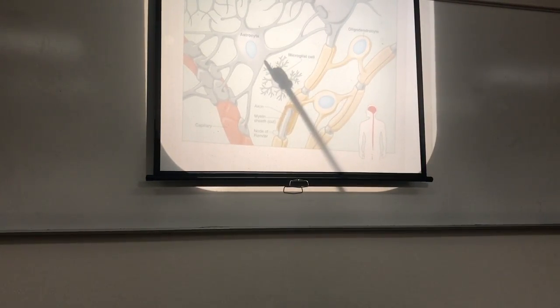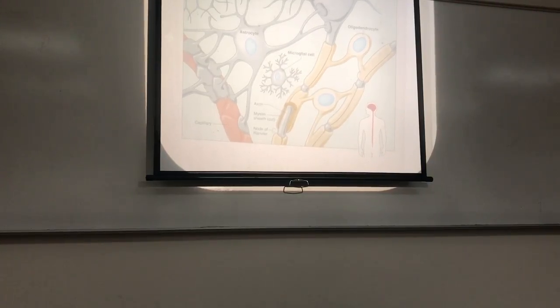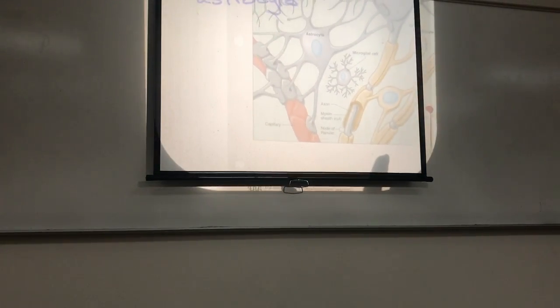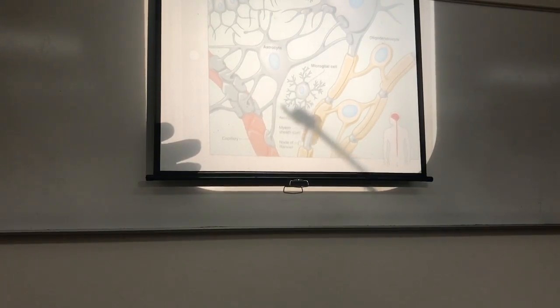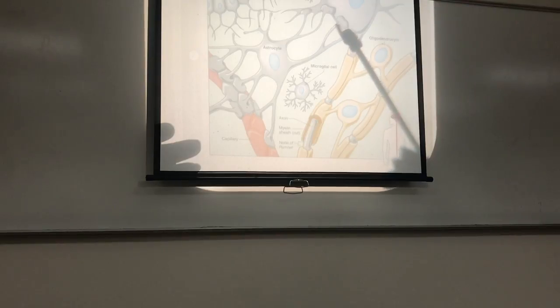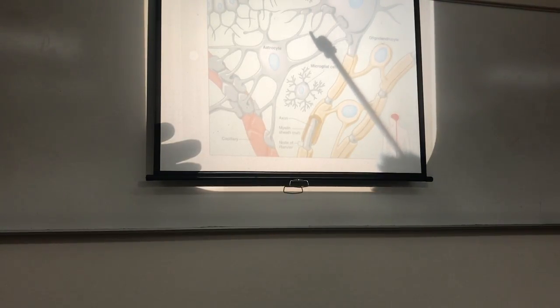One type of neuroglial cell is called astrocytes. These guys look kind of cool, right? So what you see here is the main part of the astrocyte cell, and then it forms these little extensions with little pod feet that are attached on one side to the neuron.